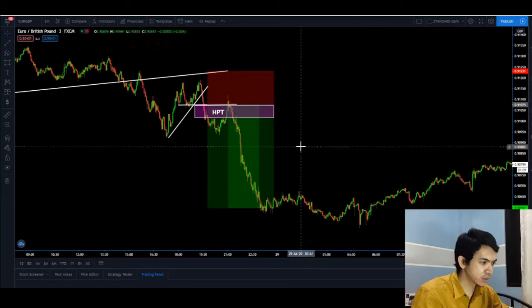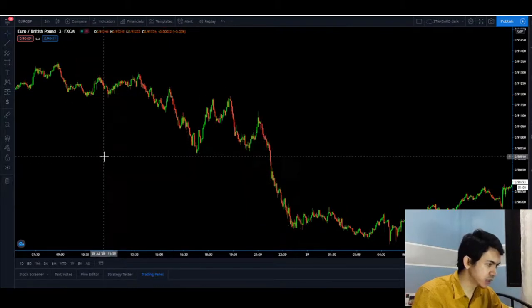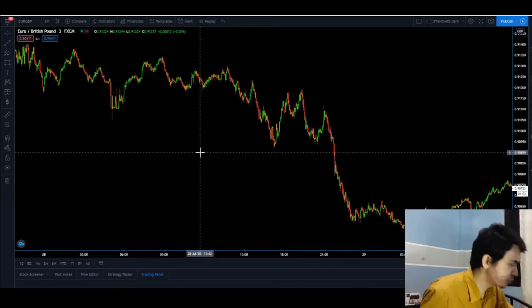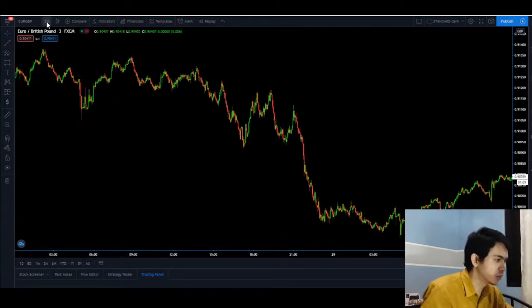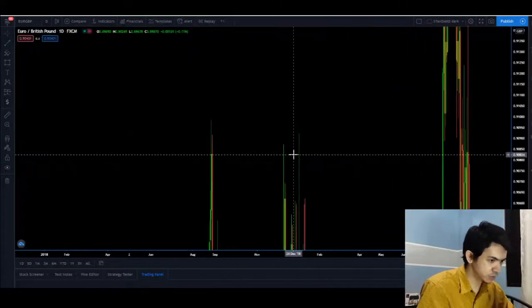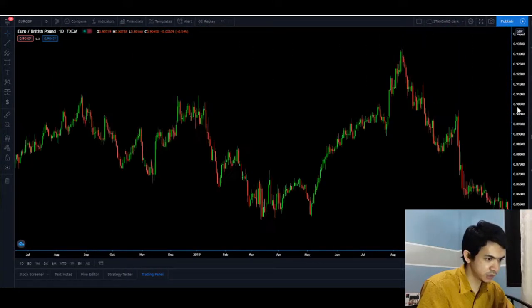I'll just be clearing these lines or zones. We start, of course, on a higher time frame. I think I took the trade last week, July 22nd.